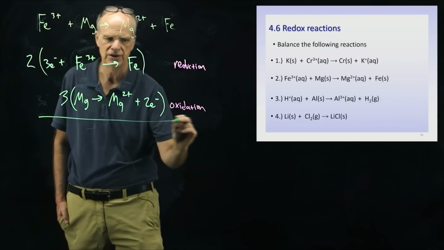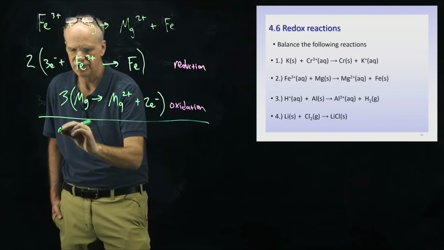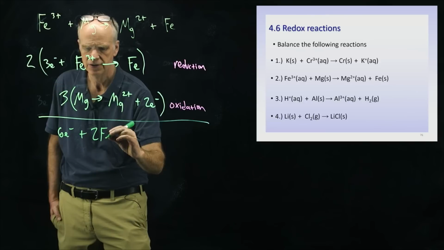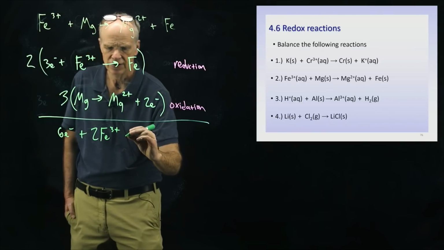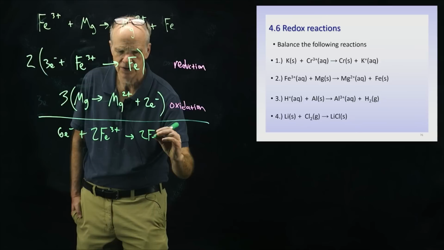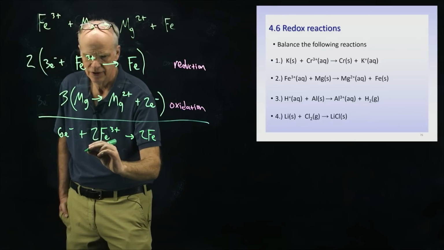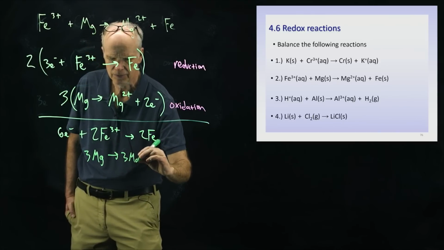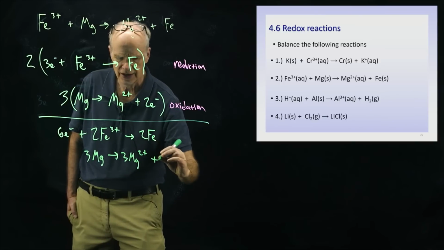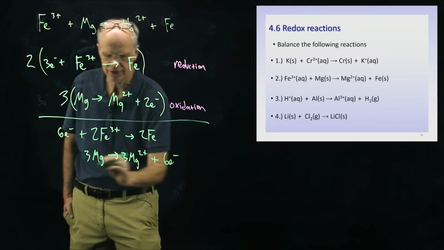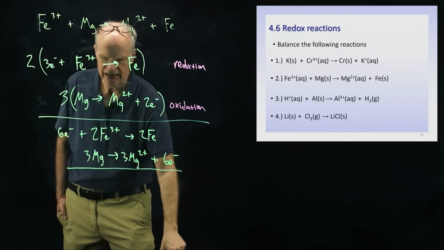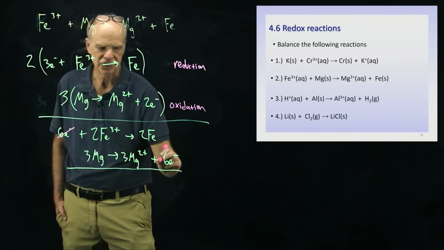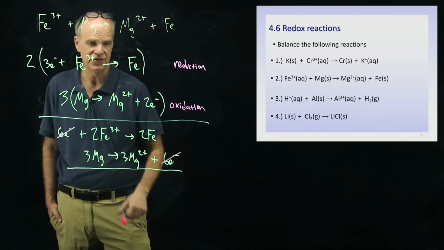So let's go ahead and rewrite those. And so we have 6 electrons plus 2 iron 3 plus gives you 2 iron. And then here we have 3 magnesium gives you 3 magnesium 2 plus, plus 6 electrons, okay? And so now you can see that the 6 electrons here on the left side cancel out with the 6 electrons here on the right side.